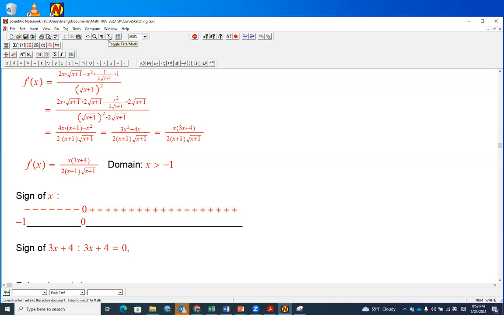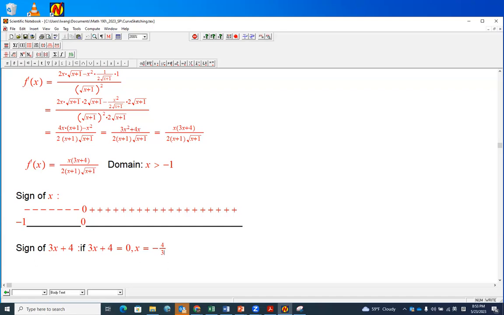If 3x plus 4 is 0, what does x equal? x will be equal to negative 4/3.